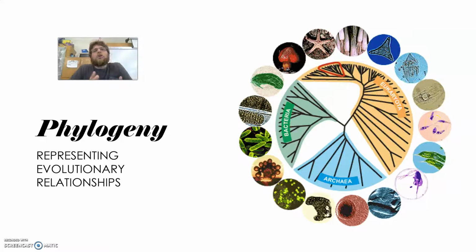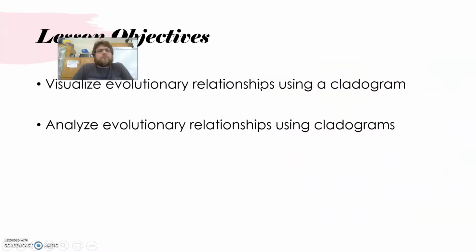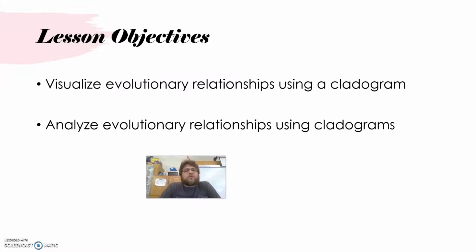How are they all represented from an evolutionary perspective? Our two objectives this week are, first, to visualize those relationships using a cladogram. How do we make it? How do we see those relationships using a tool, a graphic called a cladogram? And then, how do we analyze evolutionary relationships using those cladograms?